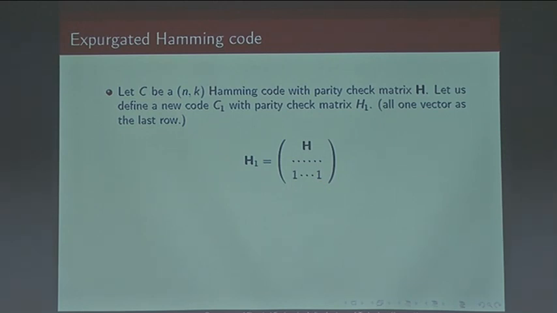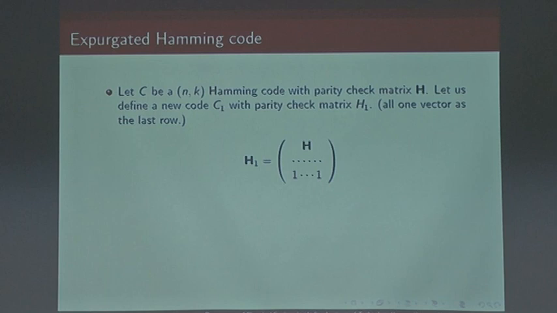You will get a condition that V0 plus V1 plus V2 plus V3 plus ... plus V(n-1) is equal to 0. And what is that condition? That your code words have even parity. So, your original code had both even and odd weight code words, you just threw away odd weight code words, and you are left with only even weight code words.